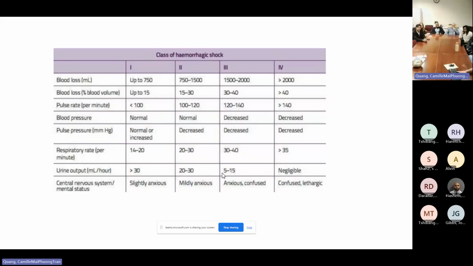They like to ask about pulse pressure on exams. The easiest thing, I think, is to memorize stage 3, because then the other ones are easier to remember, even if you don't have them memorized. And they mostly ask about stage 3. Yeah, because that's when the blood pressure drops, that's when your urine becomes abnormal, all of that. And that could be up to 40% of your volume, right?